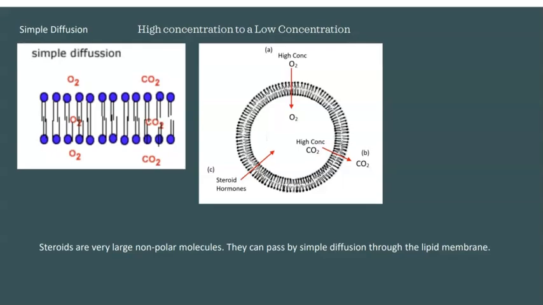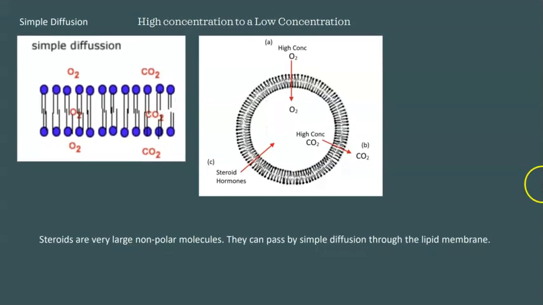So to simple diffusion. Simple diffusion is limited almost to two extremes of molecules. We've got the very small molecules, very, very small molecules like oxygen and carbon dioxide at one extreme.